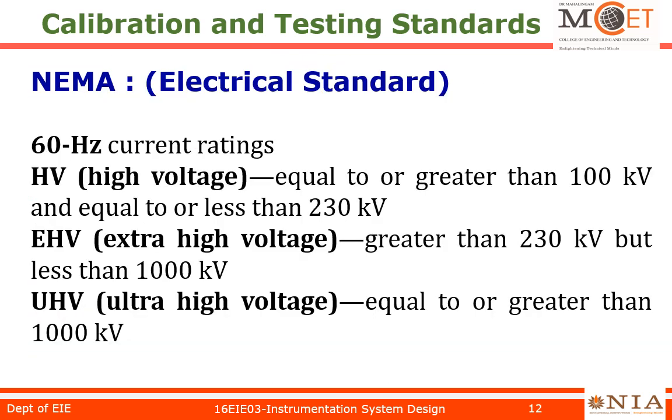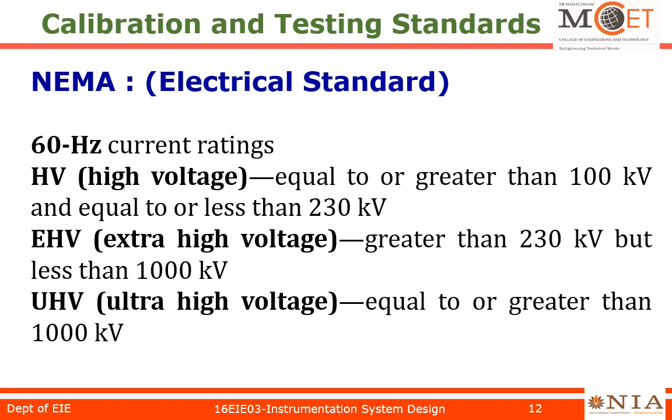Here I'm going to explain some of the important electrical standards by NEMA. In the NEMA standard, the electrical frequency is 60 Hz. If it is high voltage, HV, that is equal to or greater than 100 kV and equal to or less than 230 kV, that is high voltage.